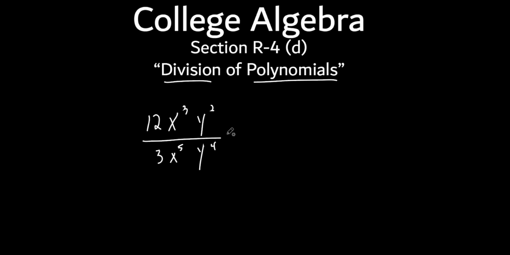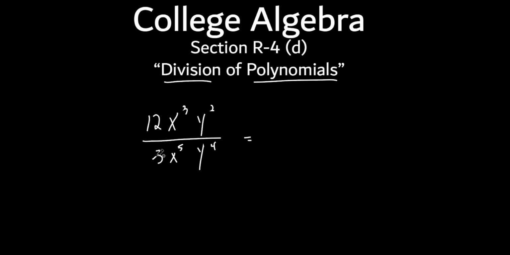Okay, just making these up. This is actually a division problem, and it's of polynomials, right? This is a monomial, this is a monomial, right? So we're dividing two monomials. So we've done that before. What we're doing today is quite a bit different, all right? But I'm just showing you an example that we have divided polynomials before.